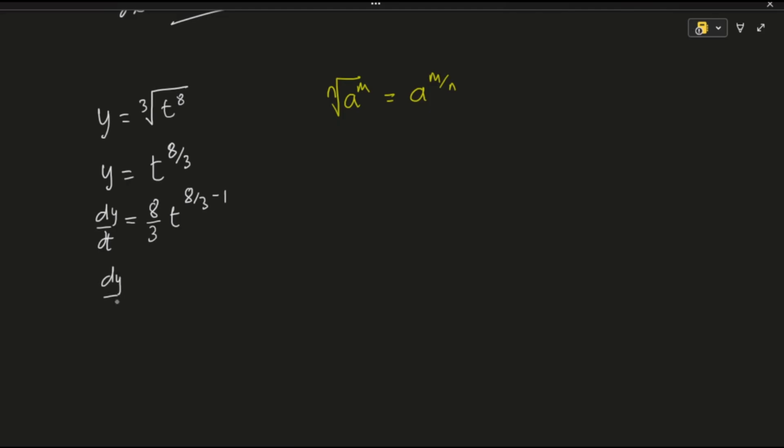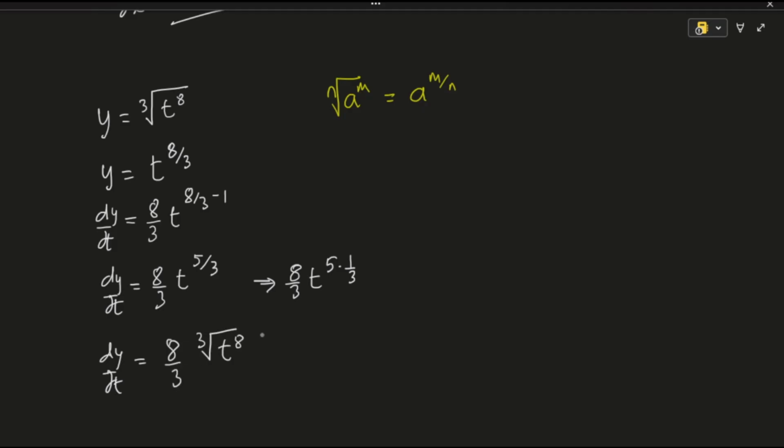So dy dt is given by... which can then be simplified as... so the derivative dy dt is given by... so that is the answer.